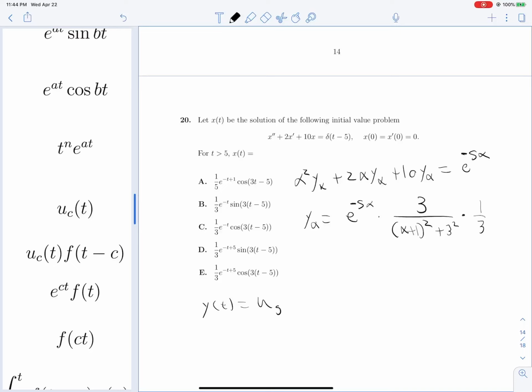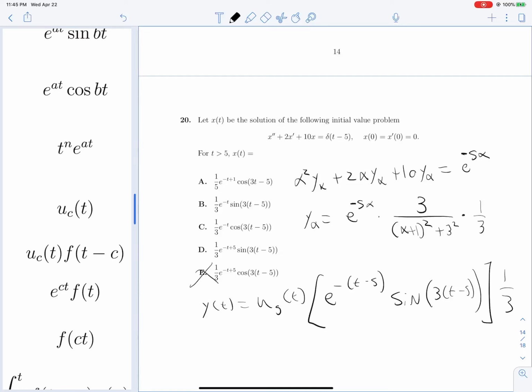So we have u5 of t multiplied by the inverse Laplace transform of this thing, where we replace all of our t's with t minus c's. So that will be e to the negative t, but we replace that t with a t minus 5, sine 3 t minus 5, and then we can't forget the 1/3 we had hanging out over there.